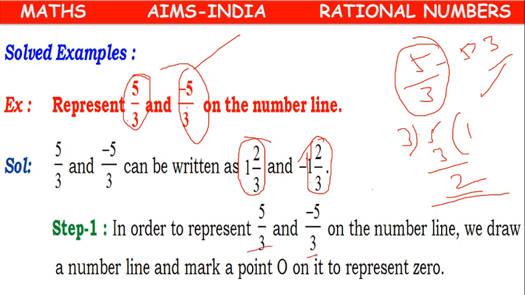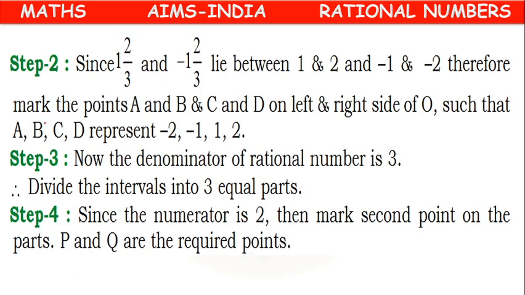Now we have to represent them on the number line. So how to represent them? Suppose we draw a line L. Before representing the numbers, it is just called a line. Let's take a point O, which is the 0 point, in the middle.